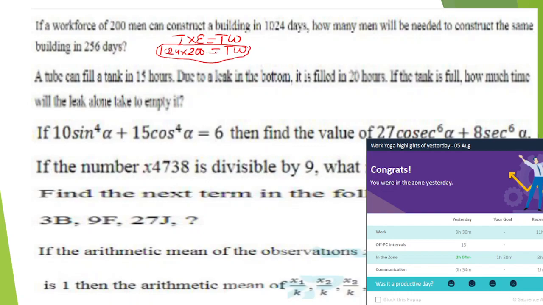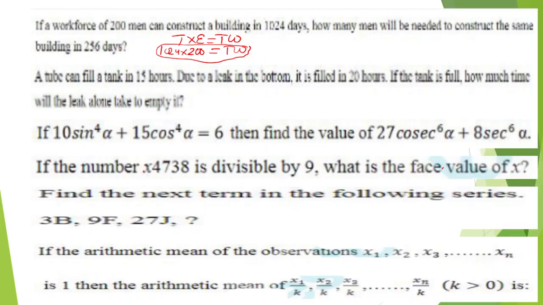Total work always remains the same. So again, time into efficiency is equal to total work, and now the total work is 1024 into 200, and time is given as 256. Efficiency we don't know.